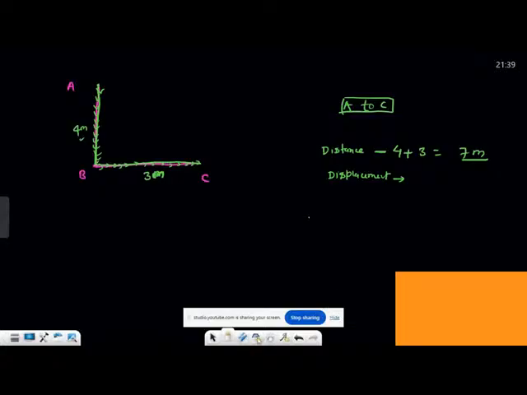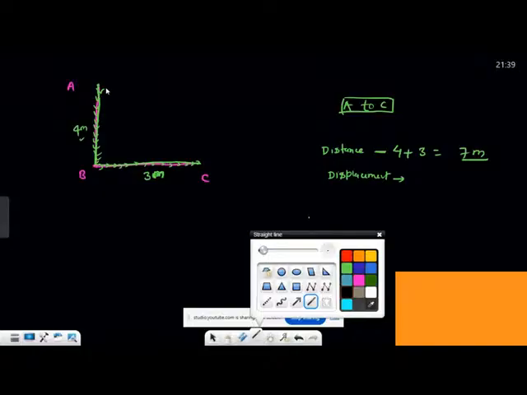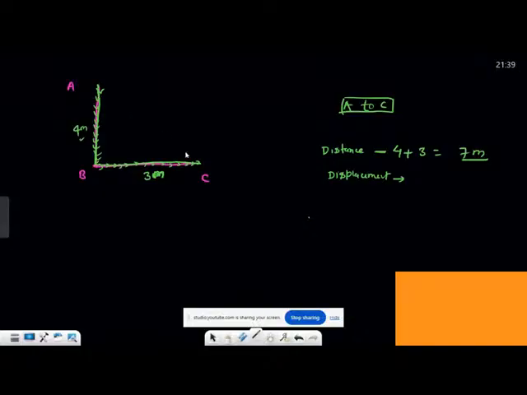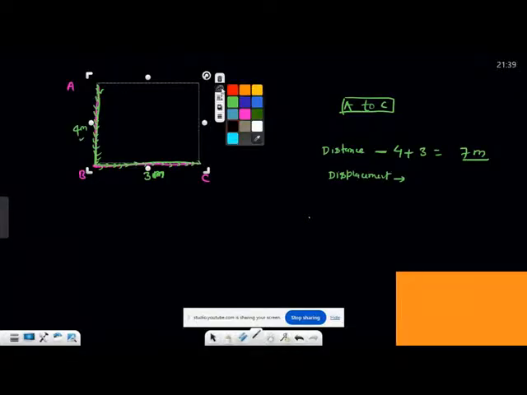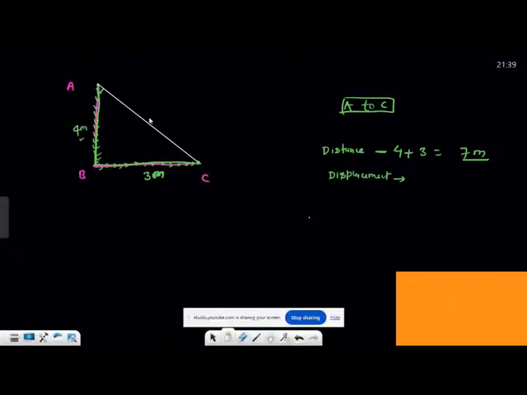So we have to draw a straight line between A and C, which gives the shortest path, like this. Now we have to find the length of the path which gives the displacement, so you have to find the length of AC.